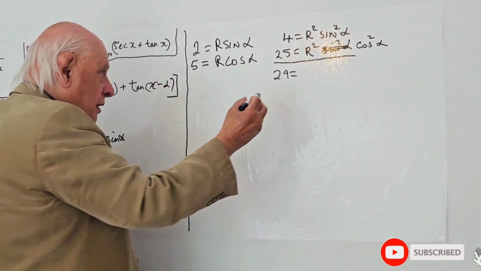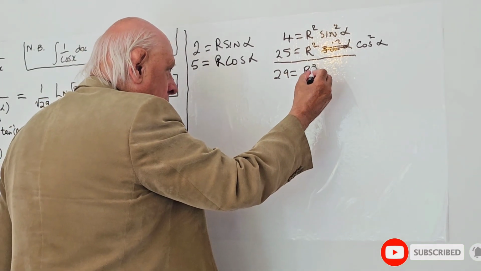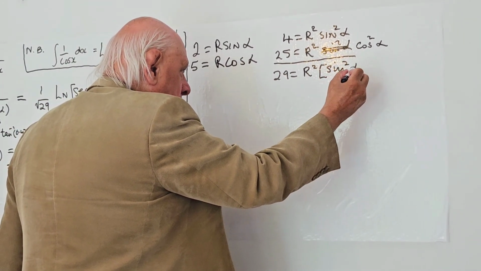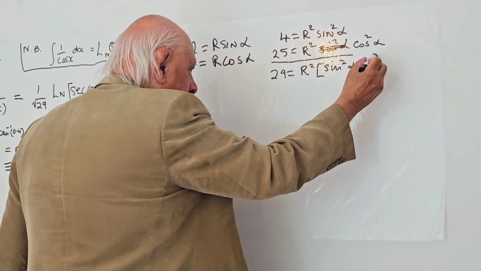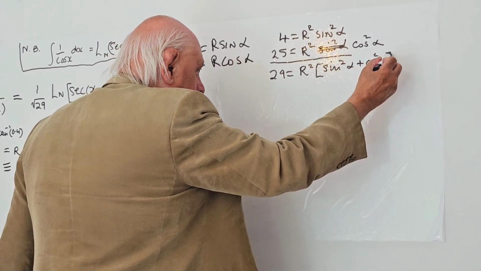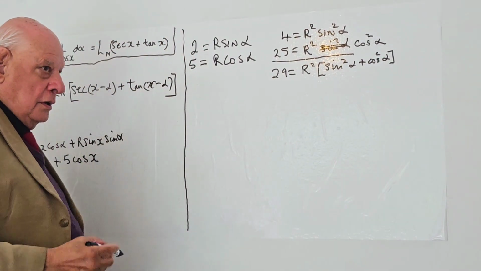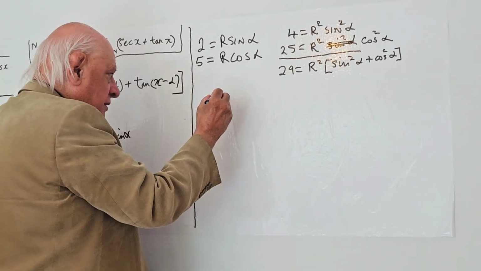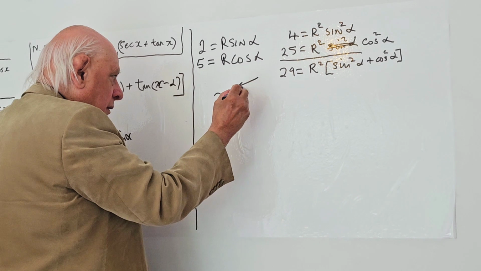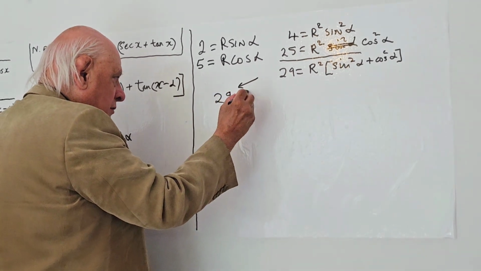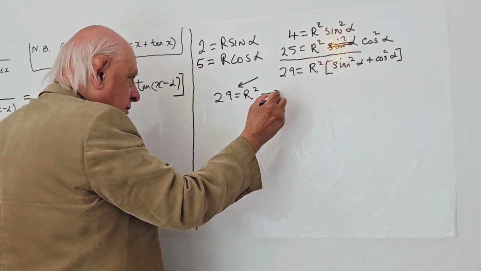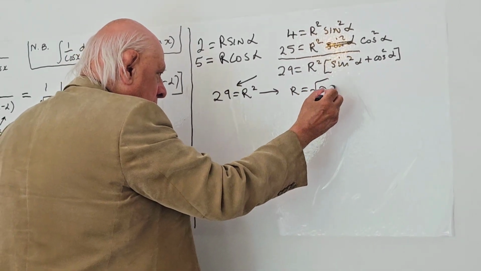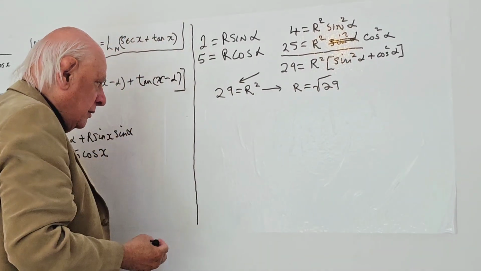It will equal r squared times sine squared alpha plus cos squared alpha, which I hope you know is exactly equal to 1. So 29 is equal to r squared, which makes r equal to the square root of 29, which I've written down over here.